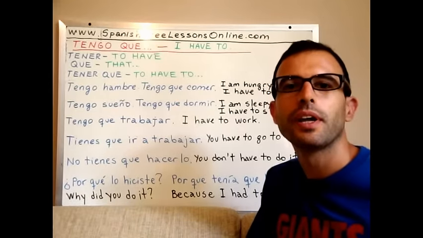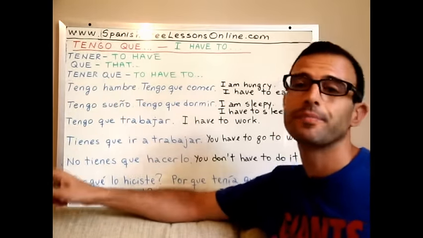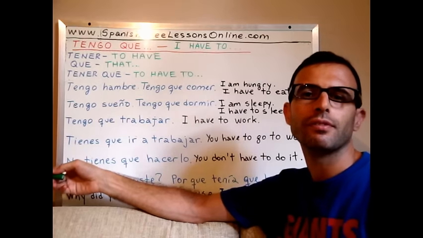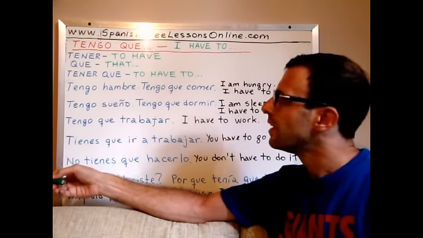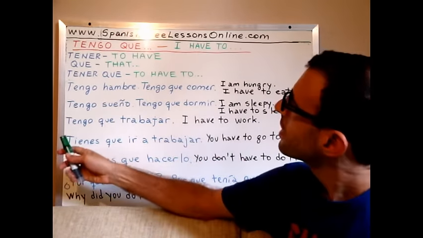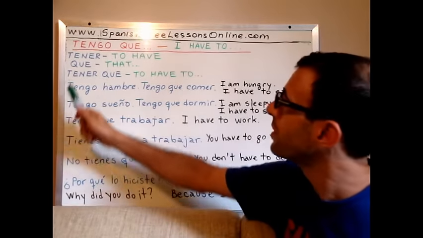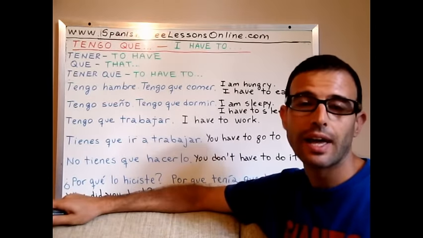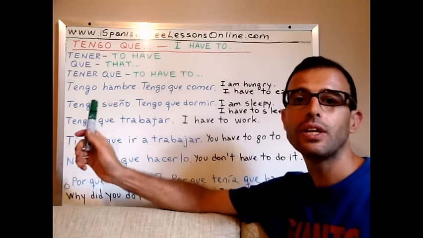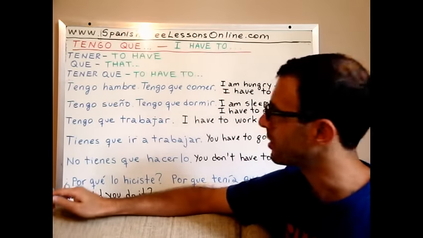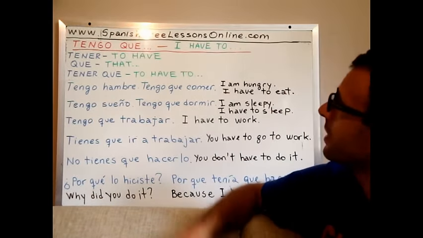Today we will learn the verb tener que, or actually it's a, I don't know if it's a phrasal verb or it's an expression, but it's the verb tener together with the word que, right? And it has a meaning totally different than each one of both words separately, okay? So let's see.